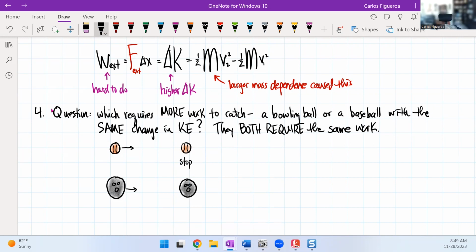Well, the question states that the change in kinetic energy of the baseball must be the same as the change in kinetic energy of the bowling ball. And as a consequence, if it is the same, then the external work has to be the same by the work energy theorem here.